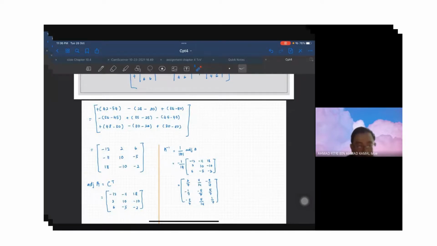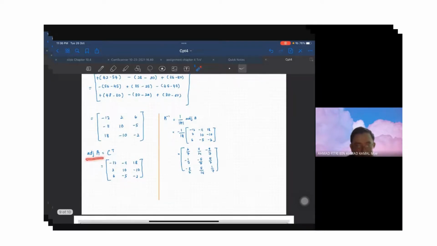As we all know, adjoint A equals cofactor transpose.